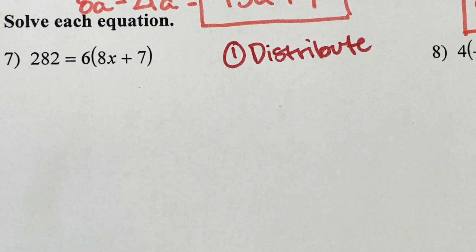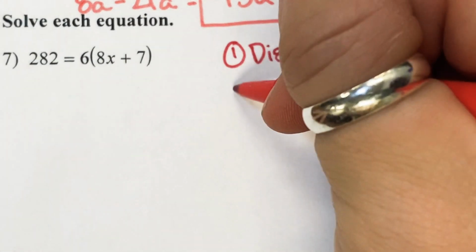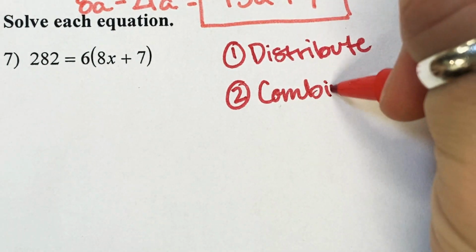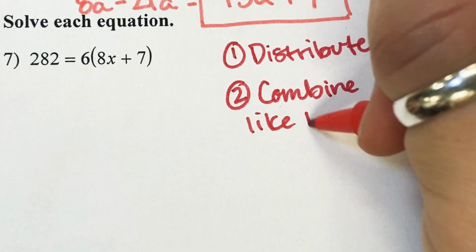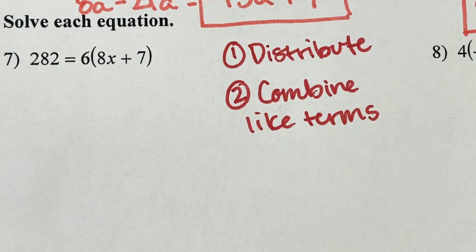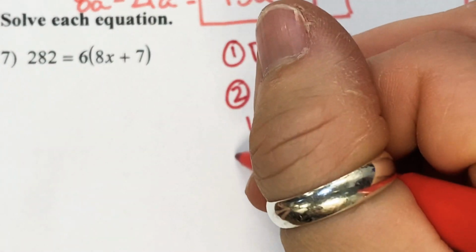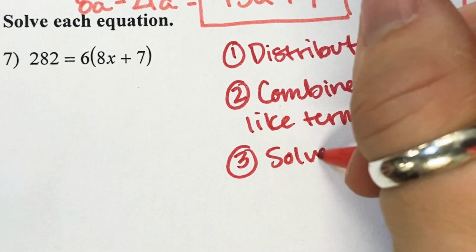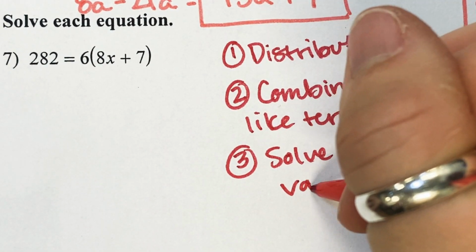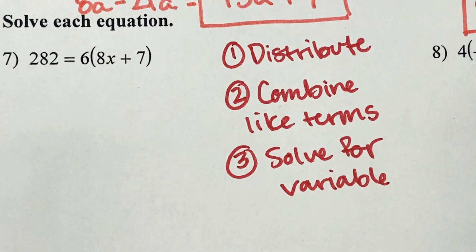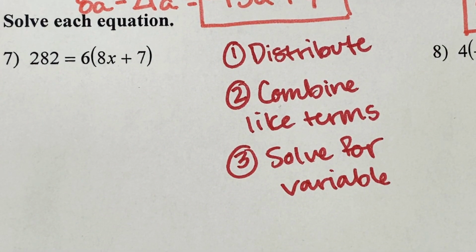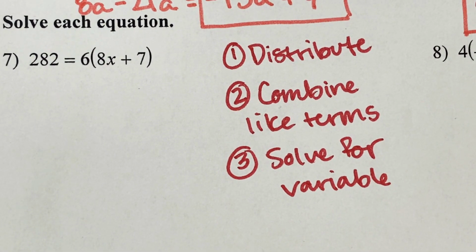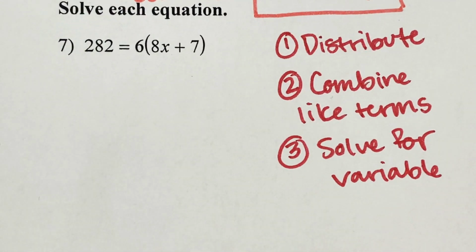We must get rid of those parentheses. Our second step is going to be to combine like terms. Same exact steps, except now we have a new step. When we're solving, all we need to do is solve for the variable. So make sure those steps are written down, and let's go ahead and practice them.